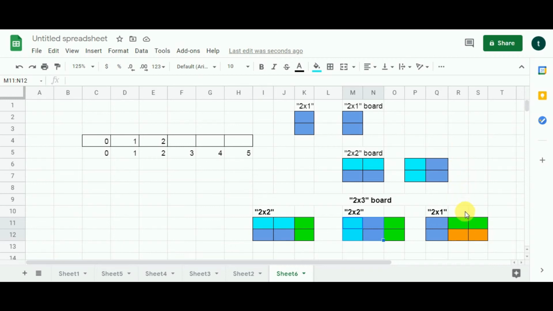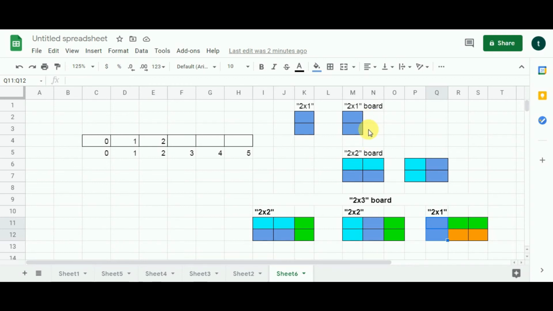But wait, we have one more pattern remaining. Now look at this last arrangement. The last tile is placed horizontally. We ignore it and see this pattern again. This is the pattern we saw for 2 by 1 board.